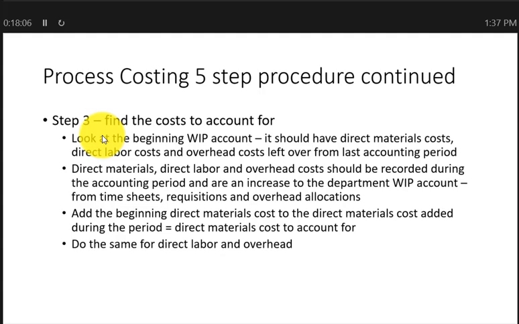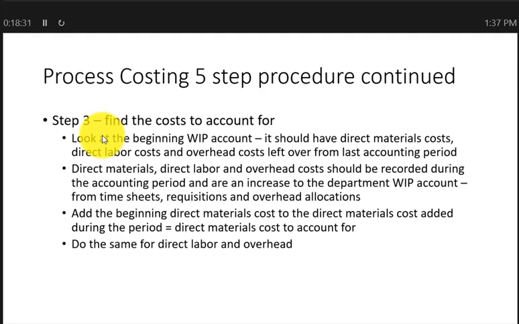So if you add the beginning direct materials costs, because that was included in your beginning work in process, to the materials cost added during the period, that equals your direct materials cost to account for. So you've got 2 numbers: what's included in beginning work in process plus any added direct materials is your direct materials cost to account for.